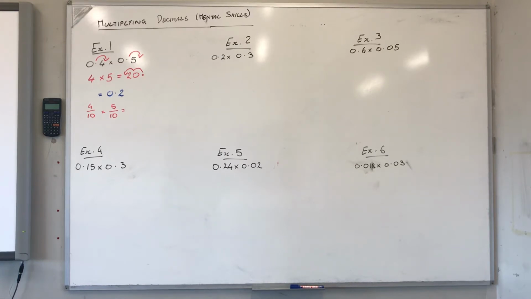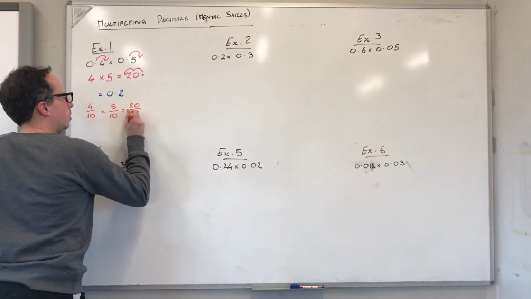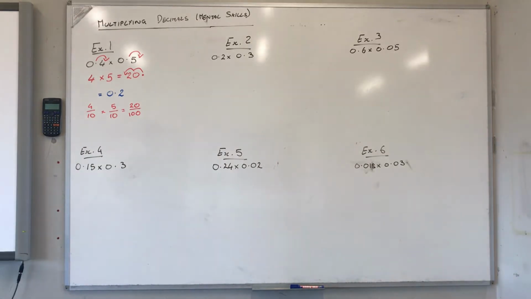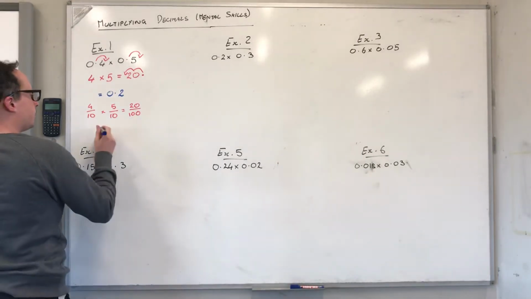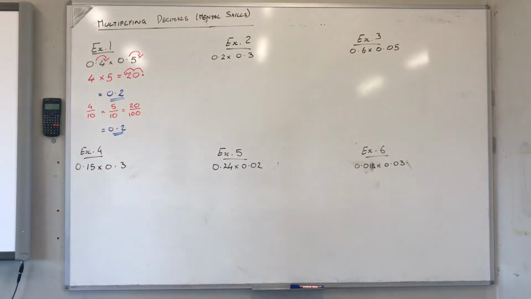So 0.4 times 0.5 is just 4 tenths times 5 tenths, and then when we hopefully remember multiplying fractions, you times the top and times the bottom. And then 20 over 100 is just 0.2. So that's two different ways of doing those questions. But ultimately, we're trying to work towards doing them in our head.